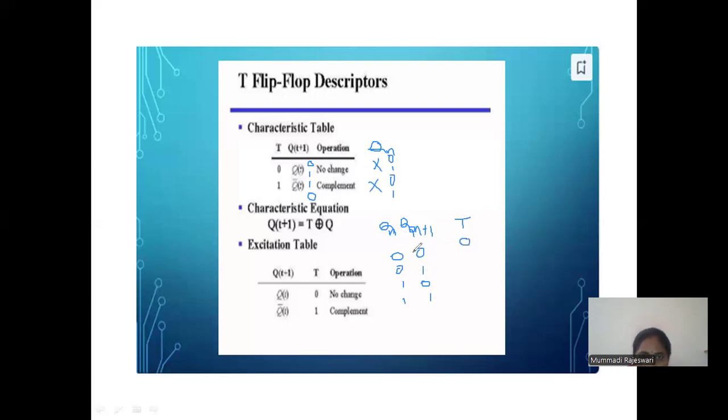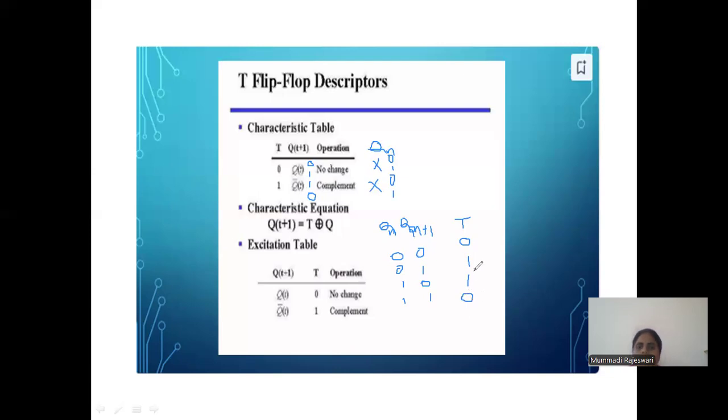The next condition is 0 1, where this one is Q(t) and this one is Q(t+1), so here this is 0 and this is 1, and the mandatory input is T equal to 1. Next is 1 0, where this is 1 and this is 0, and the only possible input is T equal to 1. And for 1 1, T is equal to 0.